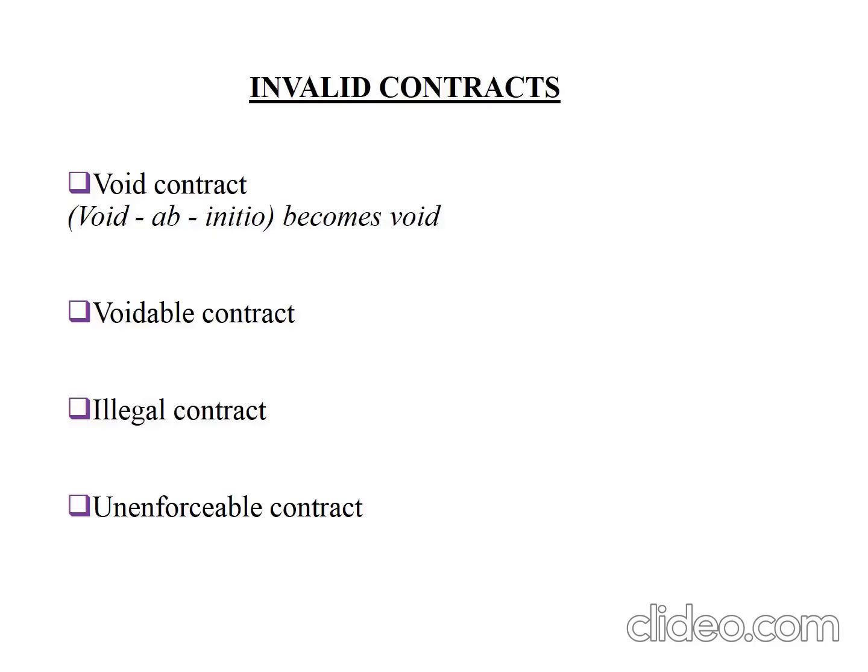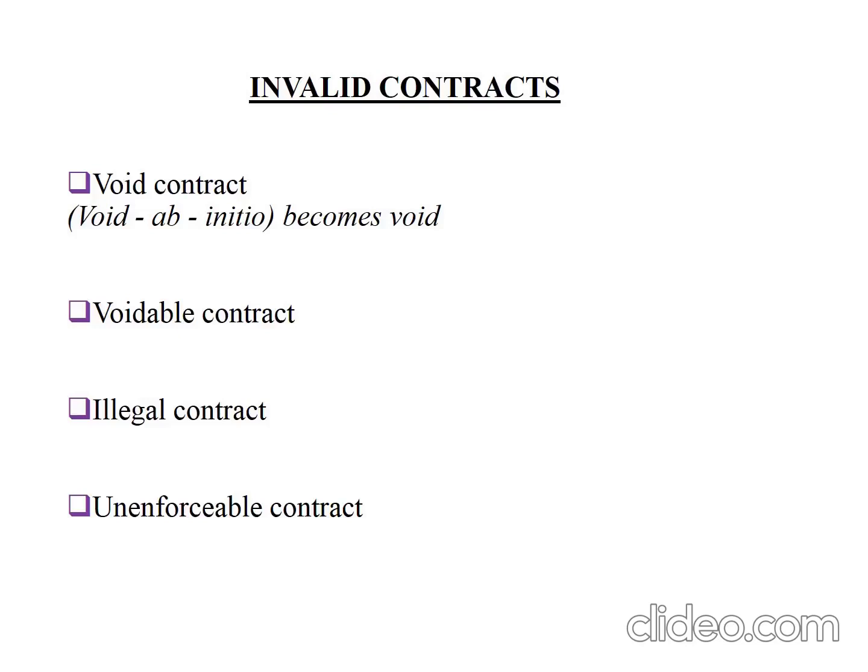An invalid contract can be specifically called a void contract or void ab initio, that is, void from the beginning. Voidable contract: when it is the option of one particular party whether the contract is to be accepted or not, irrespective of the other essential factors.